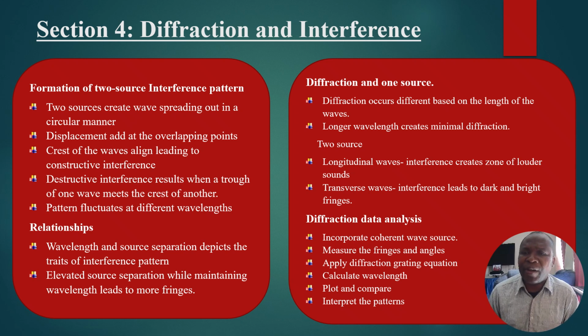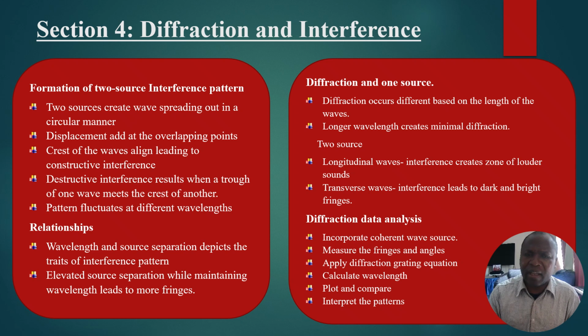Diffraction and interference are wave phenomena, where diffraction involves the spreading of waves as they pass around obstacles or through openings, while interference refers to how overlapping waves combine to form patterns of destructive and constructive interference.